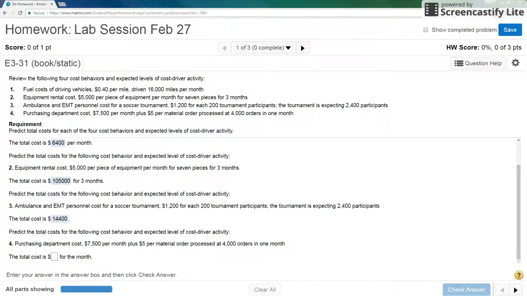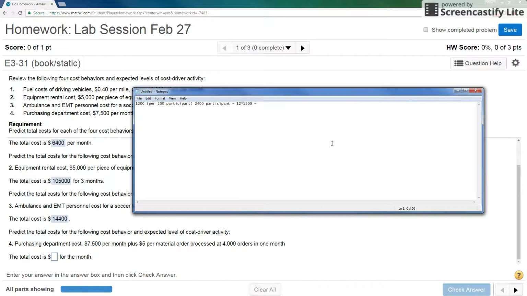The last one says purchasing a department costs us 7,500 per month plus 5 per material order processed, at 4,000 orders in 1 month. So this time we have two types of cost. Each month we are paying $7,500 plus $5 for each of the 4,000 orders that we are processing.